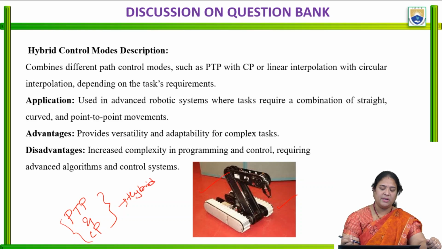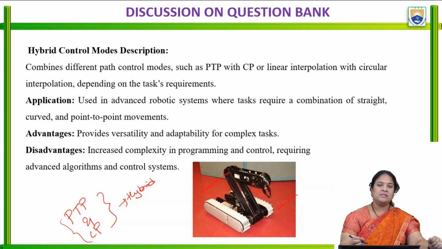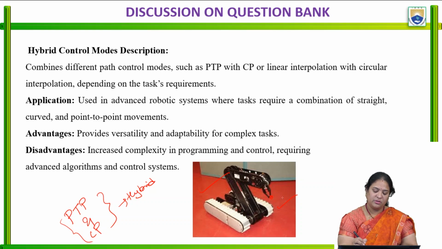It takes place from one point to the other point, or it is also a continuous movement of the robot to perform a particular task. Depending upon the requirement of the task, this hybrid control mode will be operated. If we want point to point, then it will be operated in point to point. If we want a continuous path control, then it will be operated in continuous control.